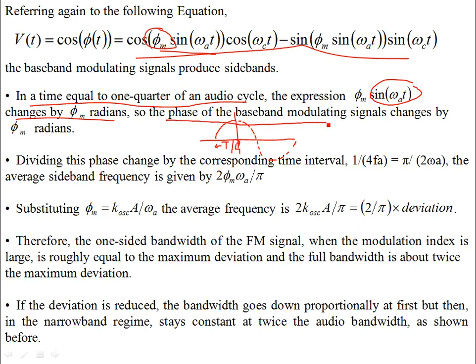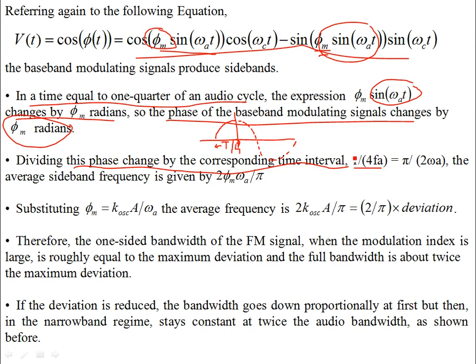So the phase of the baseband modulating signal changes by phi m radians. The same goes here as well: the argument is phi m sine omega t, so after a quarter cycle of sine omega t, the phase change is phi m. Now divide this phase change by the corresponding time interval. The time interval is 1/4 fa, fa being the frequency of the audio signal.